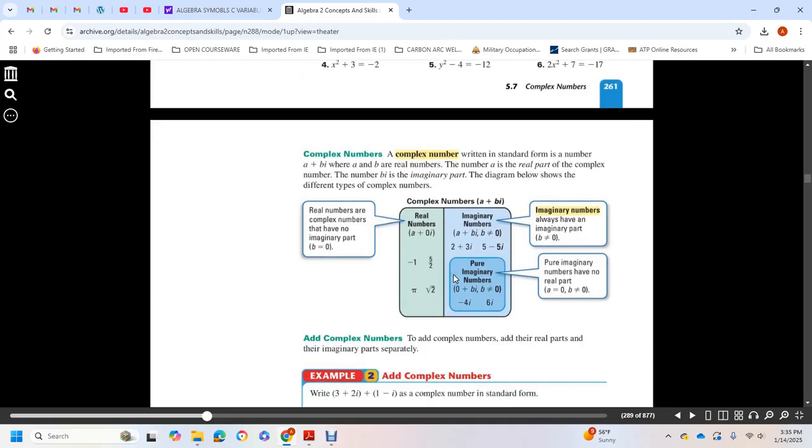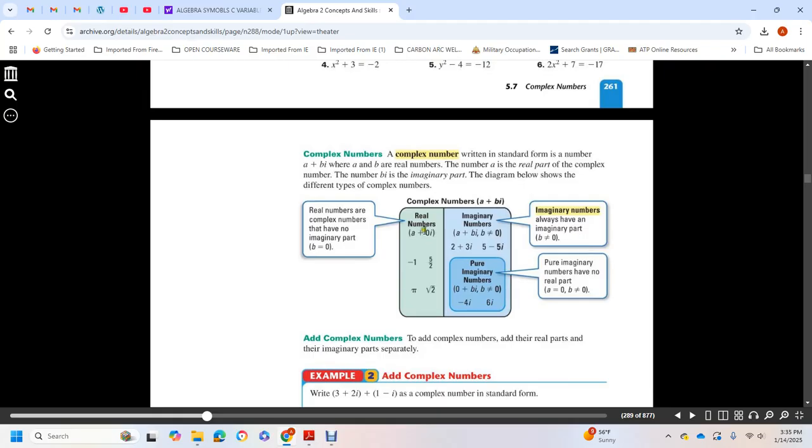Real numbers are complex numbers that have no imaginary part, where b is equal to 0. Imaginary numbers always have an imaginary part, where b is not equal to 0, and pure imaginary numbers have no real part, where a is equal to 0 and b is not equal to 0.